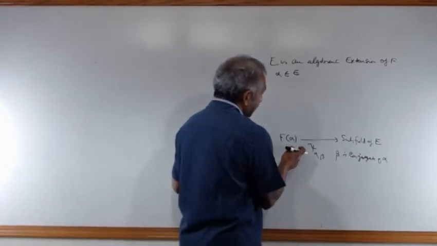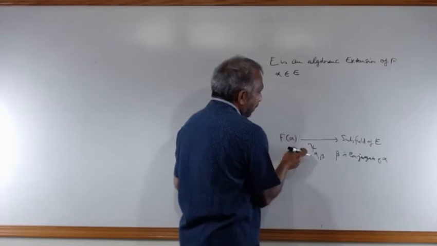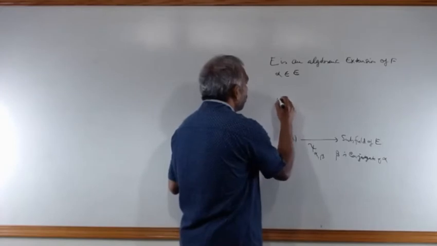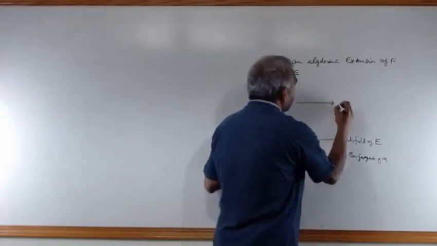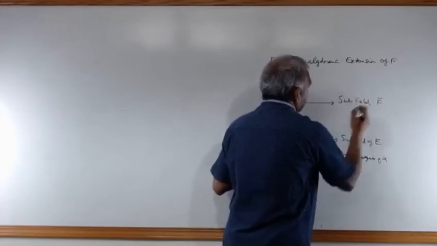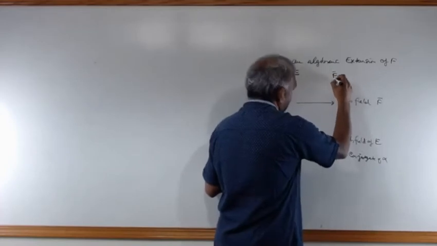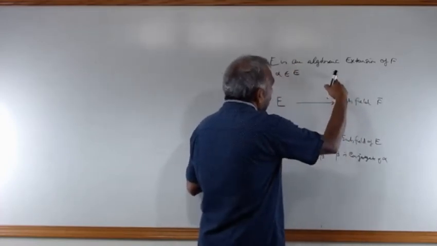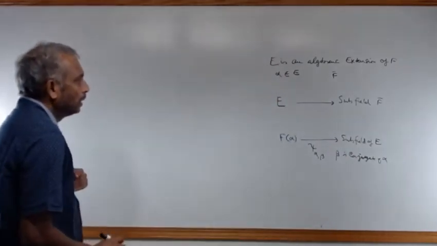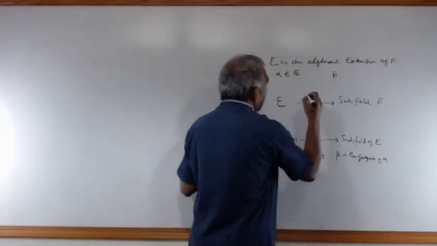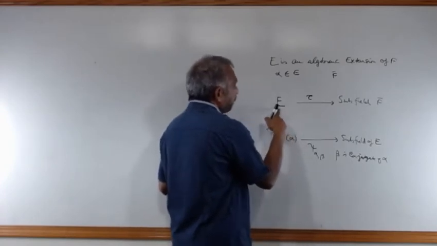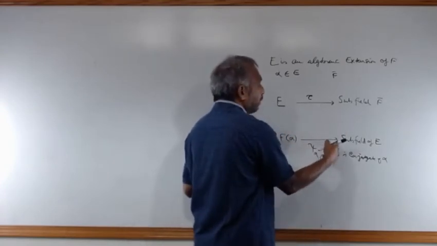So the question is whether we can extend this isomorphism from E to a subfield of F closure. F closure is actually the closure of F. So can we have an extension tau from this algebraic extension to a subfield of F closure?